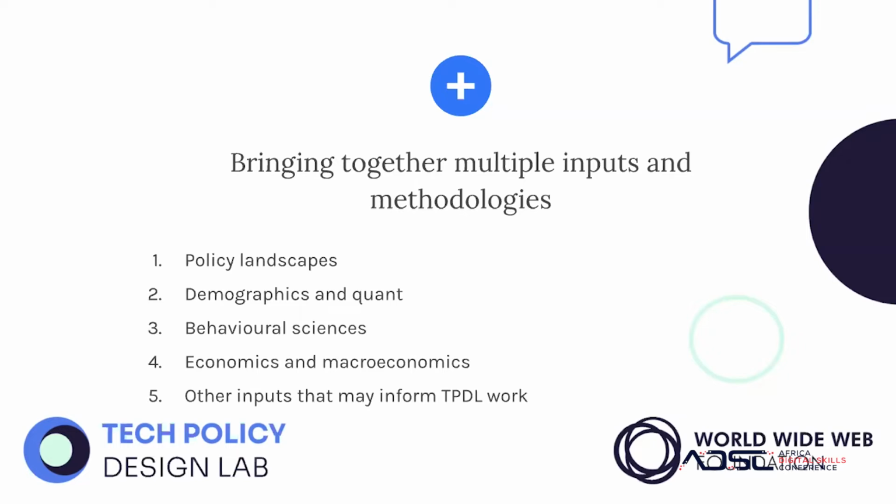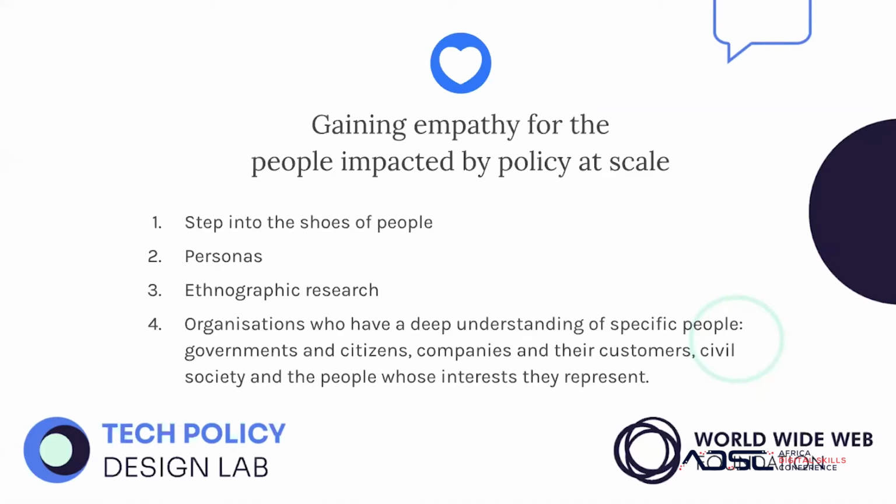So for some issues, there's abundance of information. For some, I think we have to be the pioneers of creating that research. And design thinking lends beautifully if you're trying to break into a problem where there's not enough real research out there. And then the second pillar is really about gaining empathy for the people impacted by policy at scale.